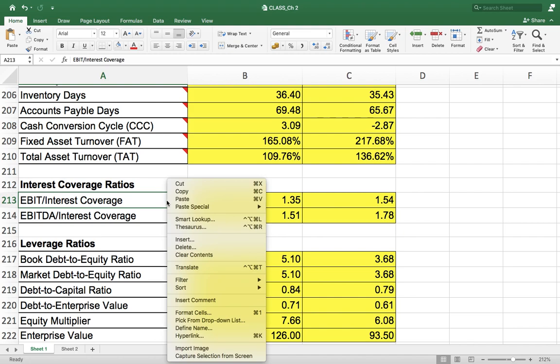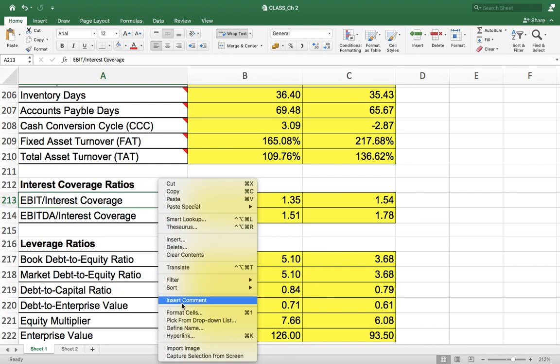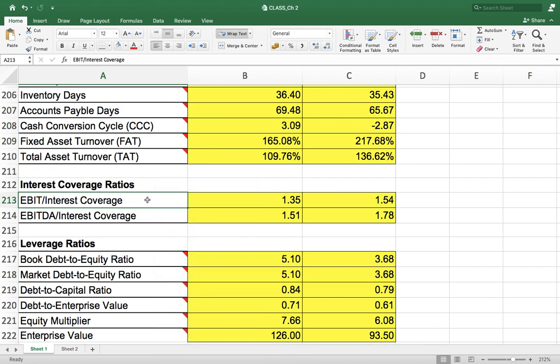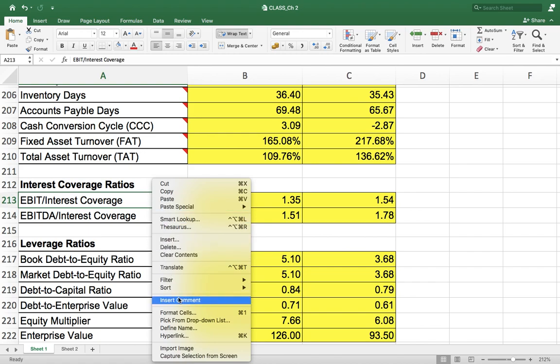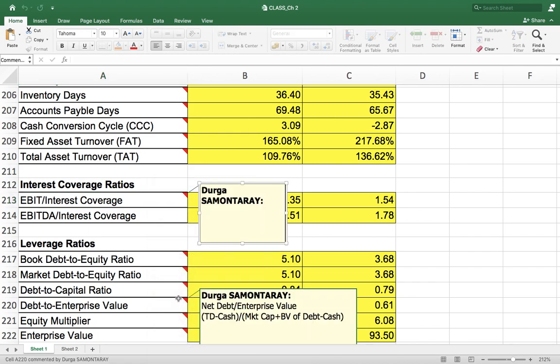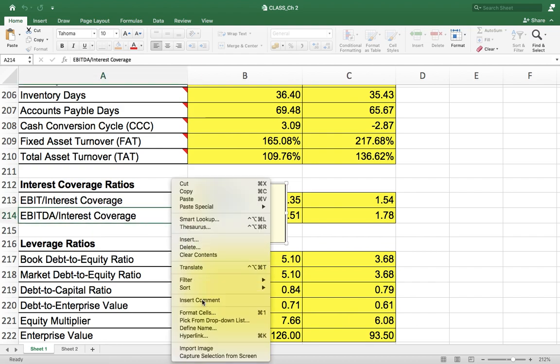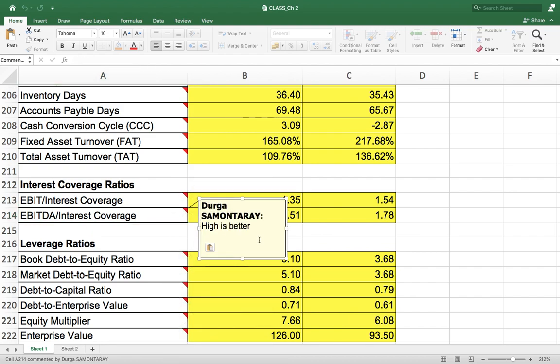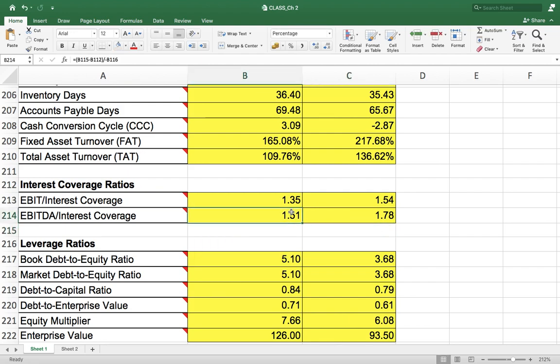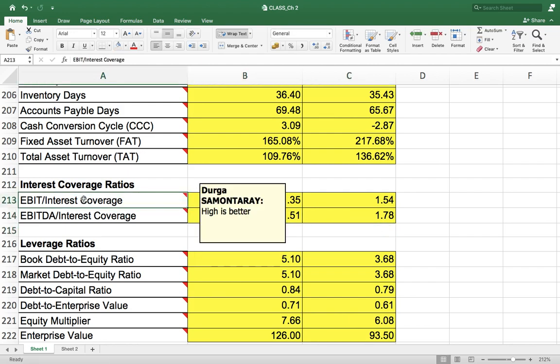We can edit the comment here, insert comment: high is better. We'll copy this and insert a comment here, high is better. So the more the coverage, the better it is. You can see the formula itself is written here, that's why I have not written the formula.